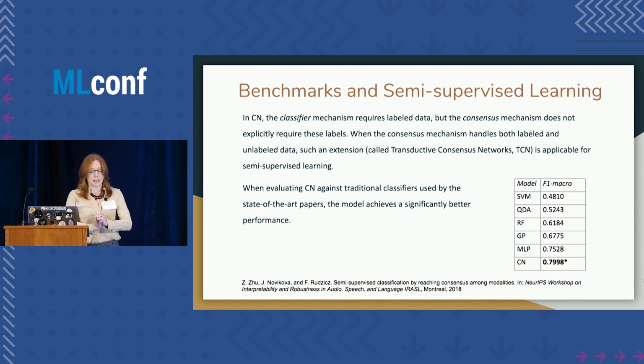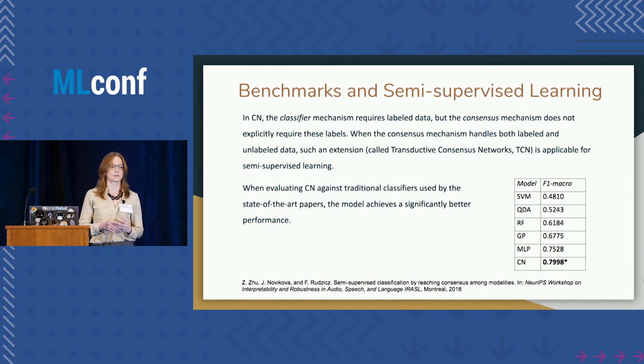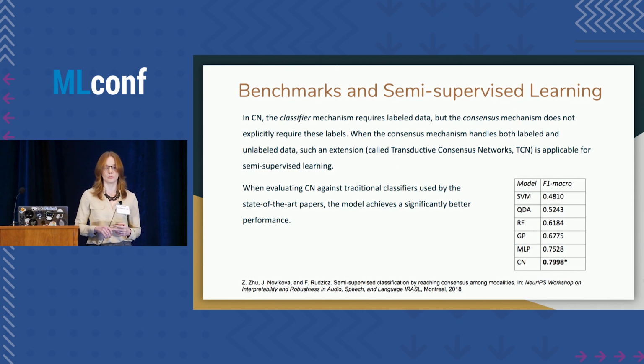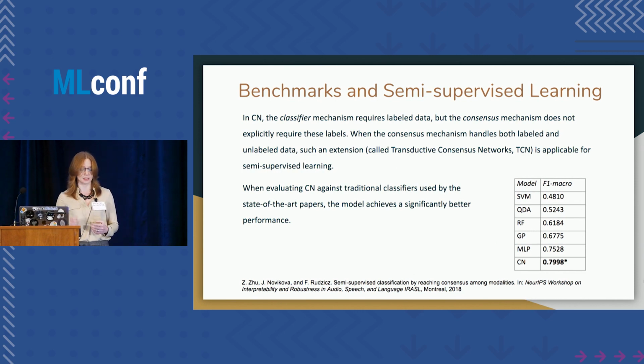But again, I tried to convince you that this model is good enough, and in addition to just showing how good it is, we compared it to other state-of-the-art classifiers used in the previous literature for Alzheimer's detection. We compared our model, shown as CN, consensus network, in the results table, to previous classifiers such as SVM, random forest, multi-layer perceptron, and others.